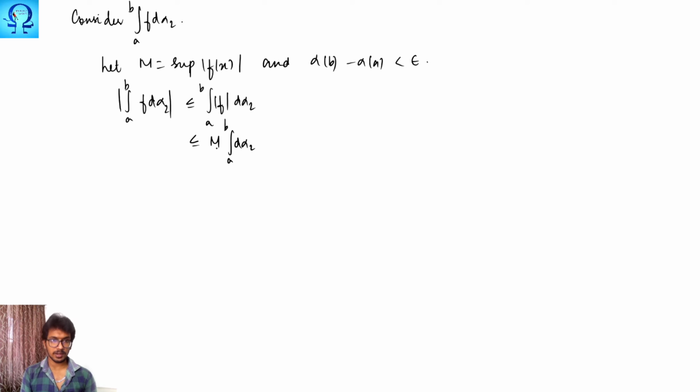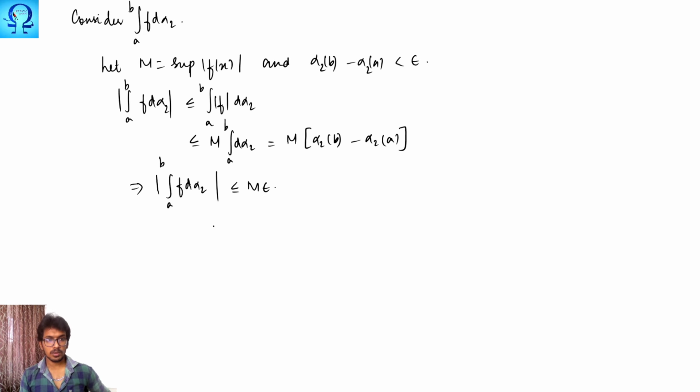Since M is a constant, we took it outside, and this is going to be M times alpha 2 of b minus alpha 2 of a, which is smaller than epsilon. This is our assumption. So by our assumption, the integral a to b f d alpha 2 is smaller than or equal to M epsilon.